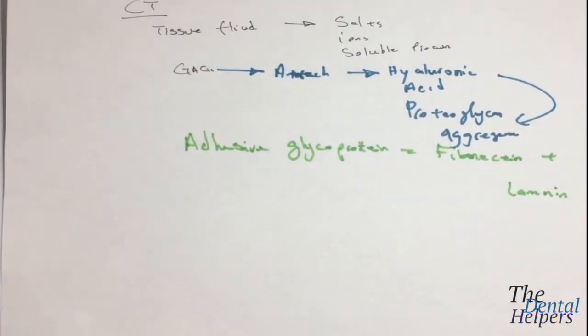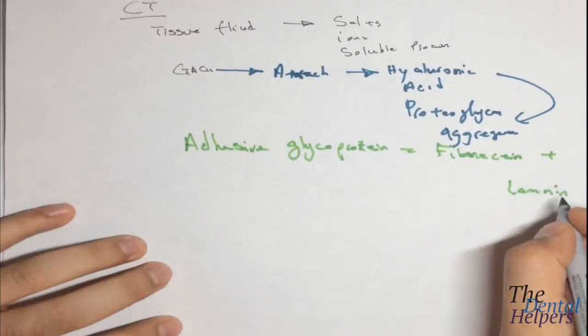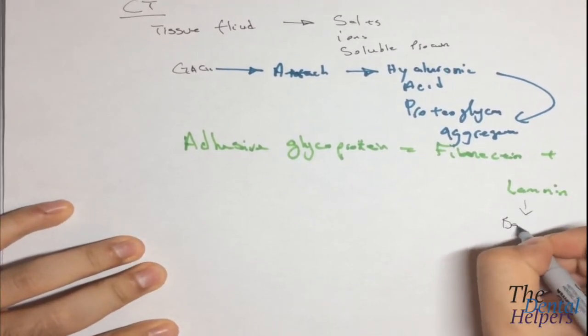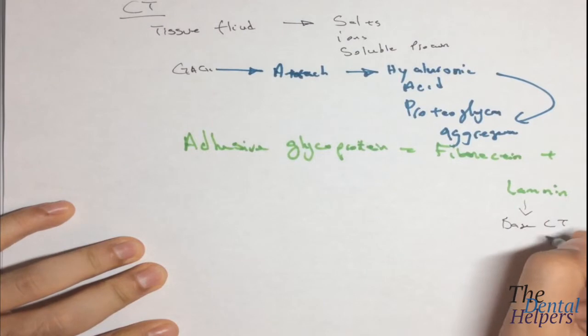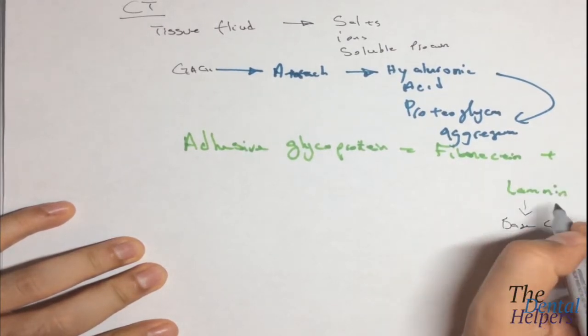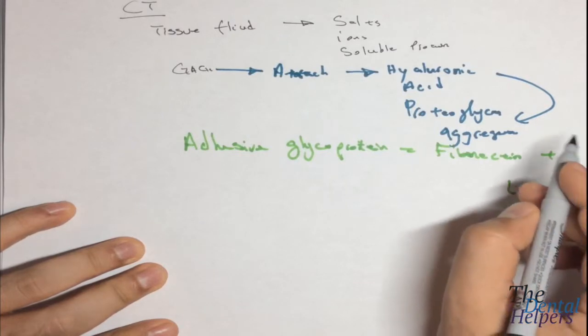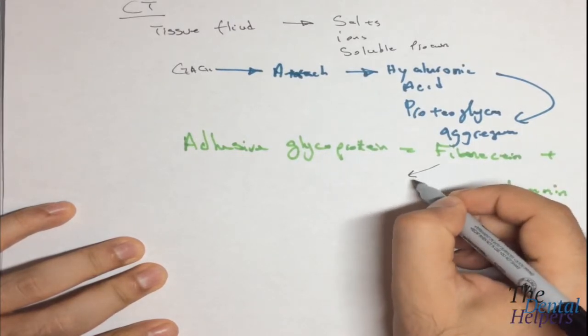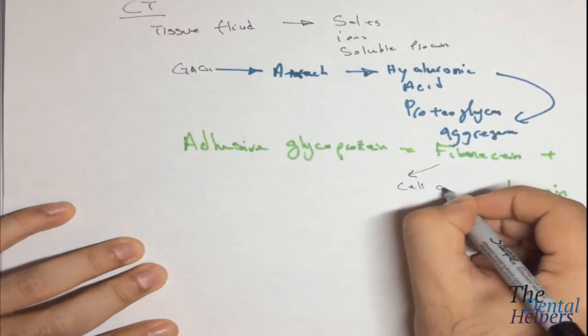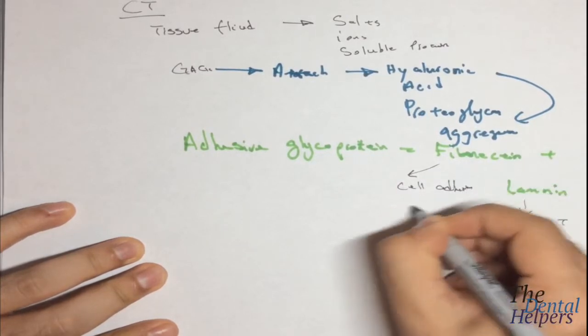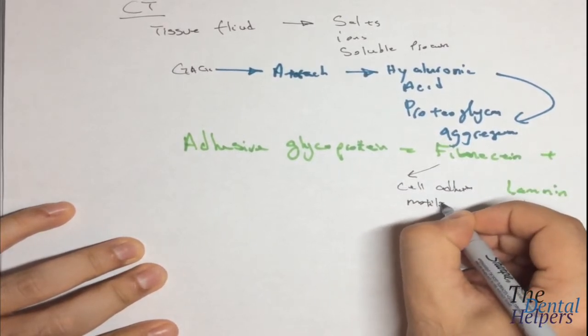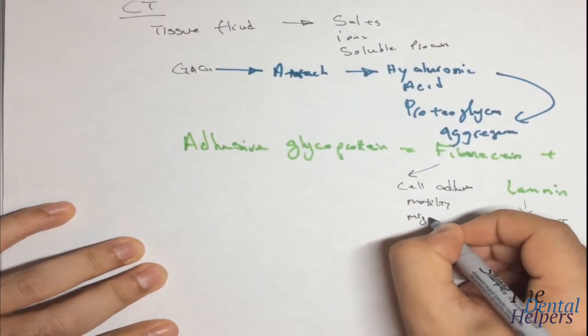And laminin is basically found at the base of connective tissue. And it's important in epithelial forms, and it's part of the basal lamina. Now, the fibronectin, on the other hand, it's for cell adhesion, motility, and migration.